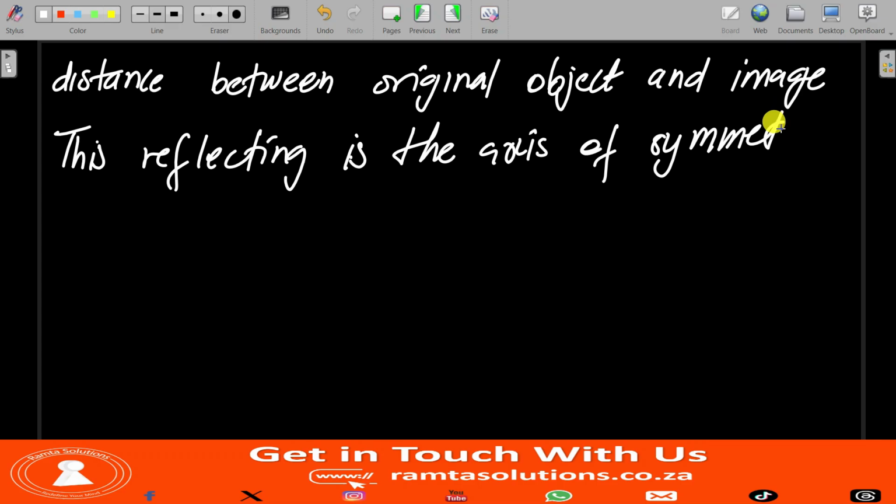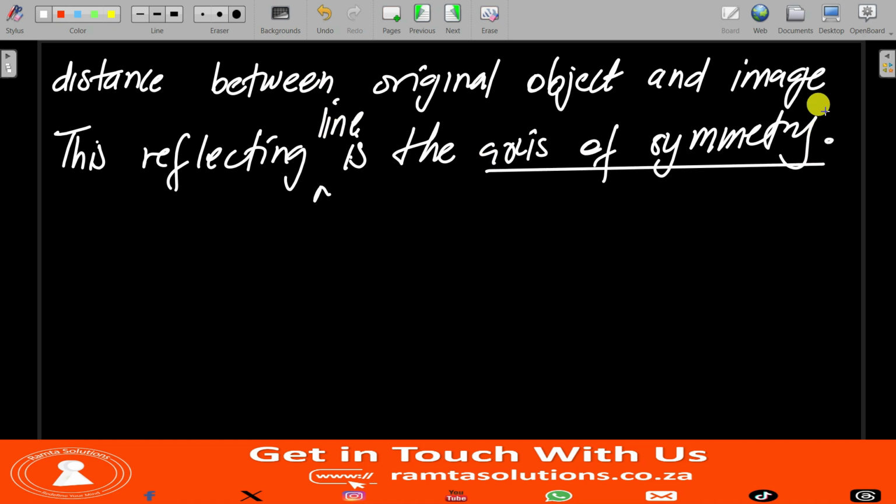By that, what do I mean? It means the original distance between the object and the reflecting line is the same distance between the reflecting line and the image.